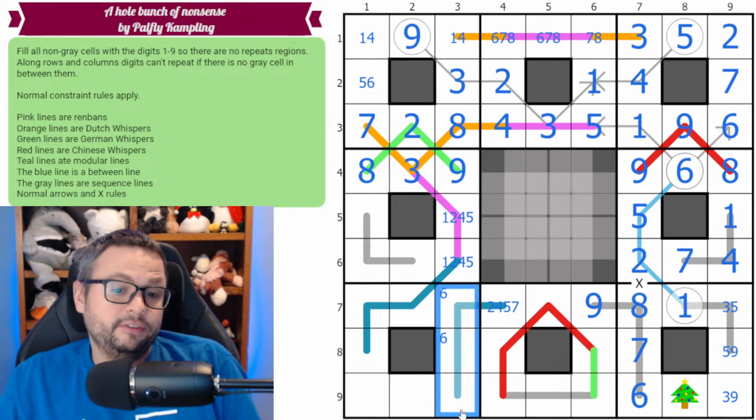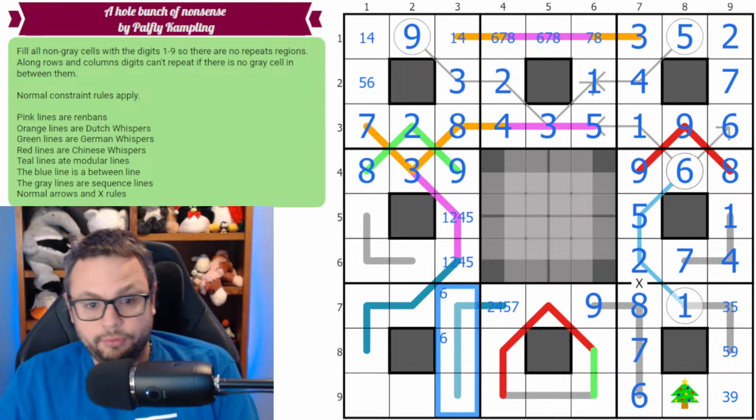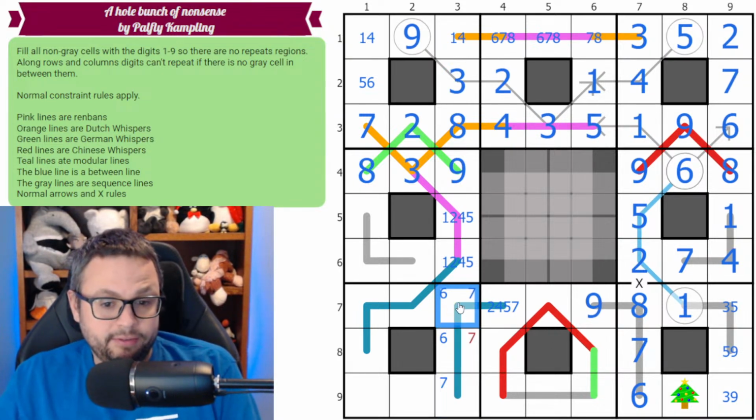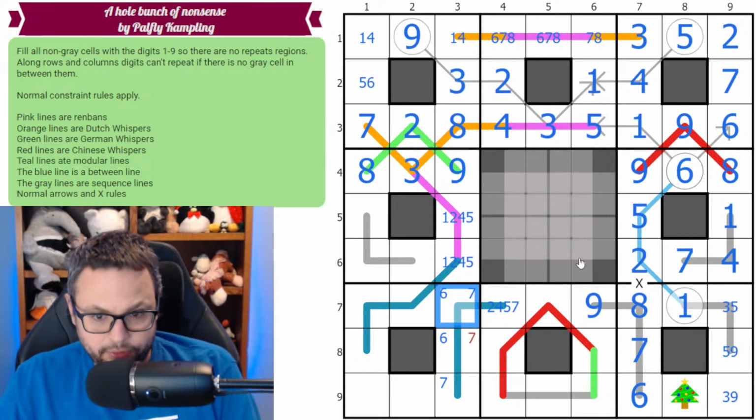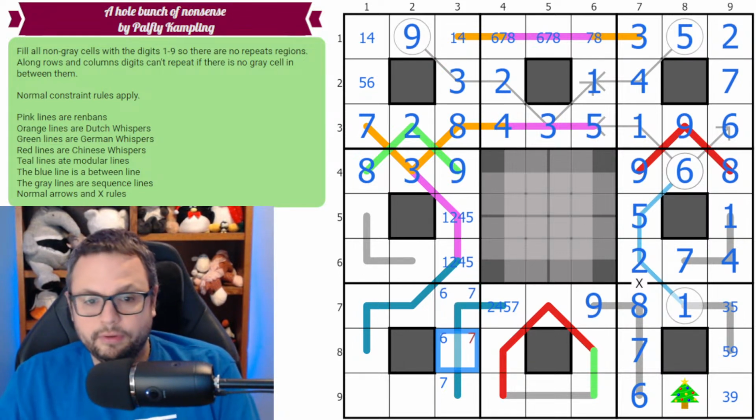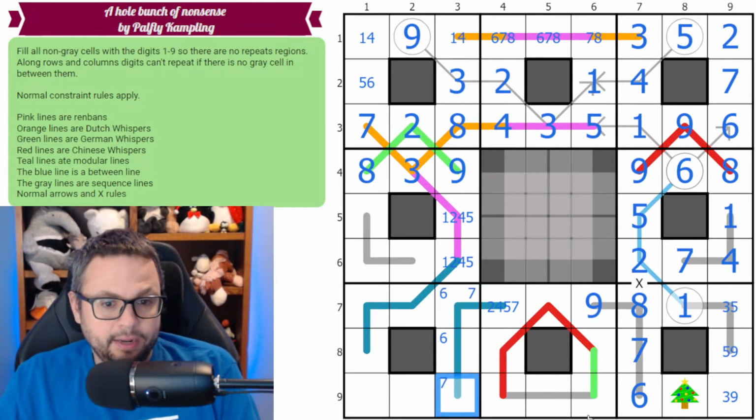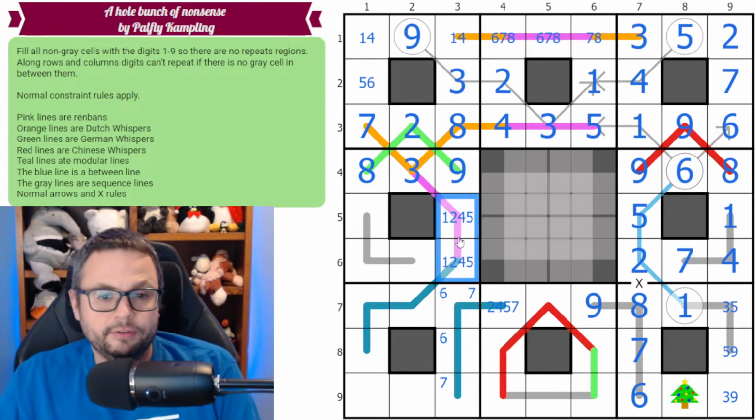We also need to put a 7 in this column. That's true. And in fact, the 7 actually is forced to go there. Is that true? No, it's not forced to go there. Sorry. The 7 goes down here, which means there's a 1 or a 4 here, but we knew there was a 1 or a 4 here because that's how renbans work.